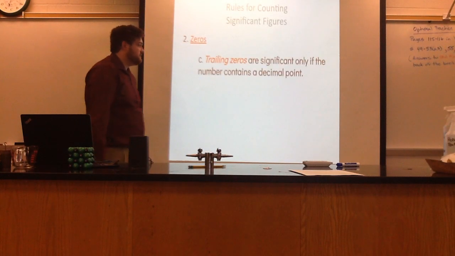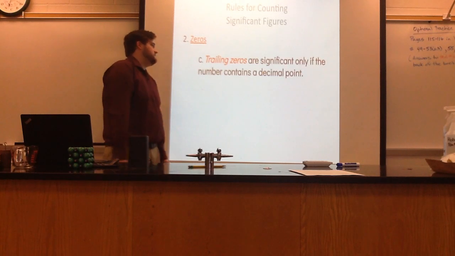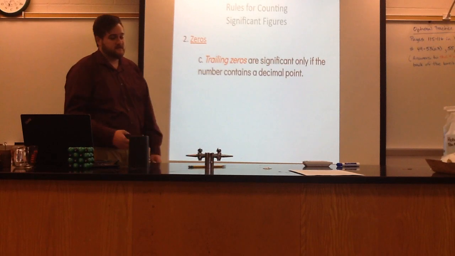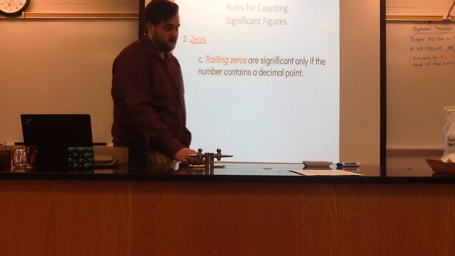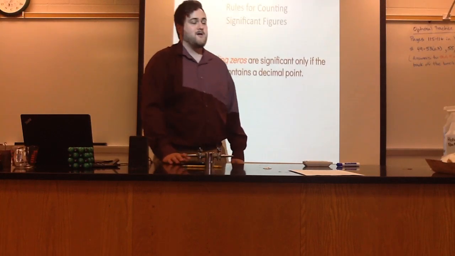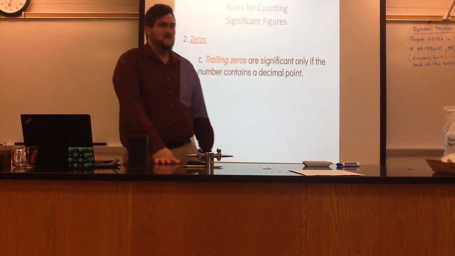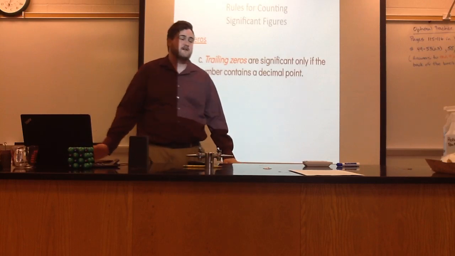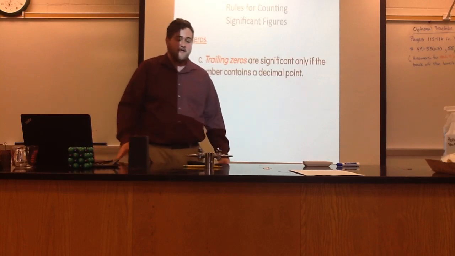Next up, trailing zeros are significant only if the number contains a decimal point. So, this will be a little cringy as an older man talking about Instagram, but let's say you make a really cool post and it gets a ton of likes. And you go up to your friends and you're like, yo, my new post got 1,000 likes.